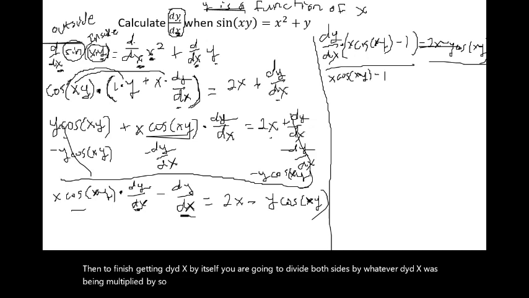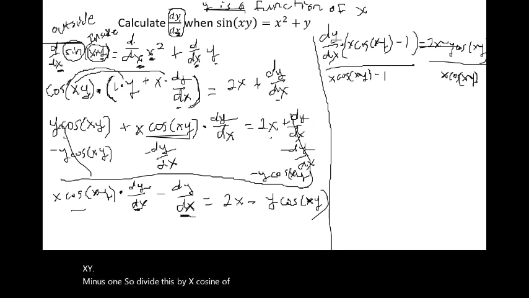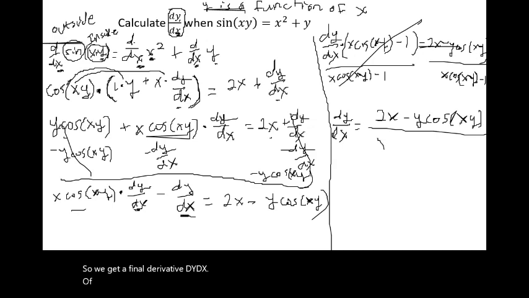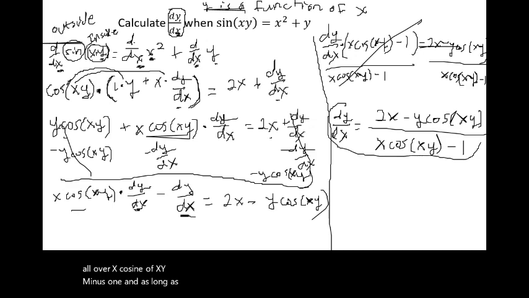So we get a final derivative, dy/dx, of 2x minus y times the cosine of xy, all over x cosine of xy minus 1. As long as we have dy/dx by itself, that is pretty much good. So this is going to be our final answer.